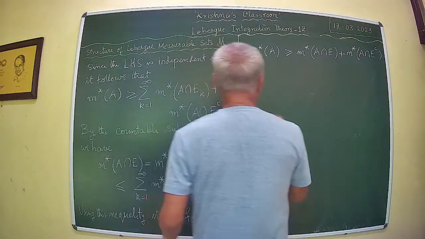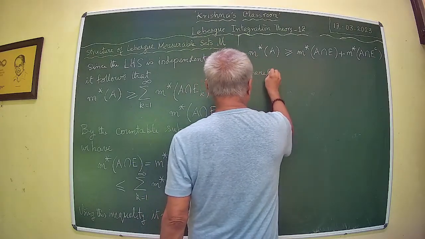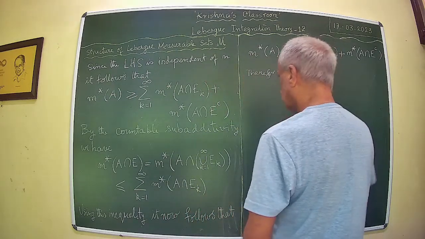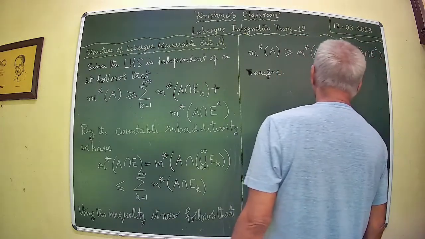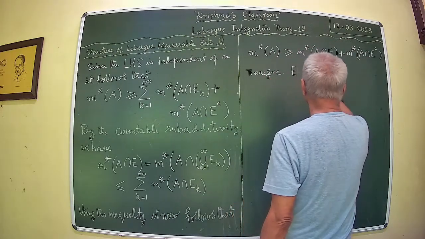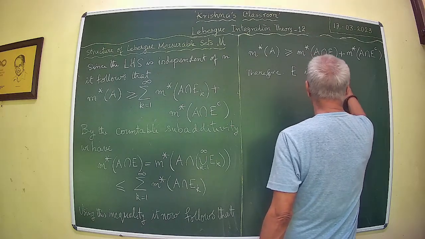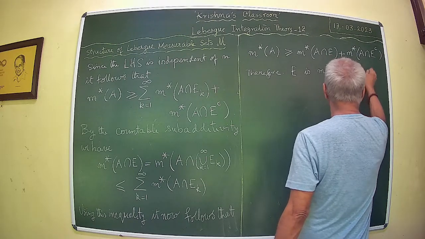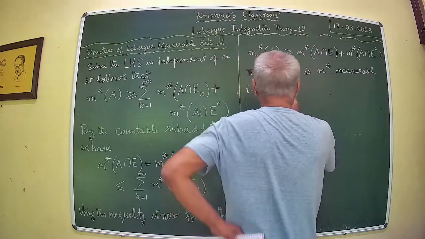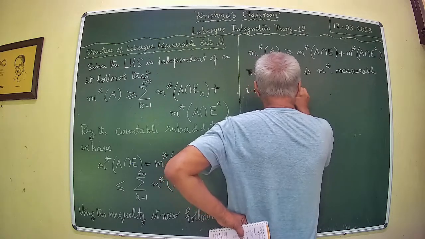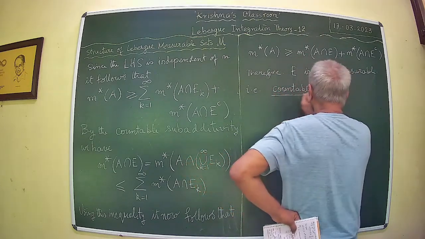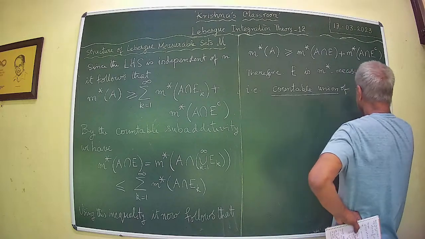Okay. Therefore, E is a countable union of measurable sets.